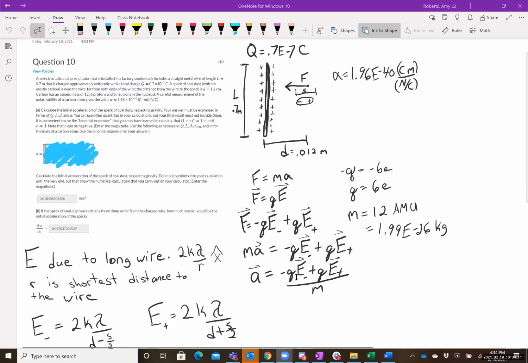And so then we kind of have to ask ourselves, okay, how do we manage those? And that's where the polarizability comes in, because the polarizability is alpha.